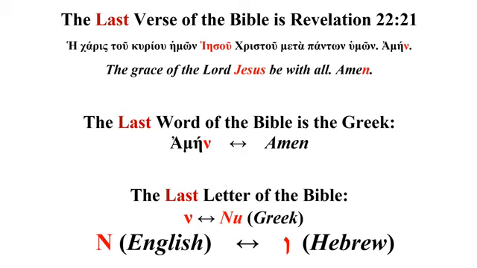The last verse of the Bible is Revelation 22:21: The grace of the Lord Jesus be with you all. Amen. The last word of the Bible is in Greek, and it's Amen. And the last letter of the Bible is the last letter of the word Amen, which in Greek is the letter Nu. In English, it's the N. In Hebrew, it's the Nun. But it's the N sound.